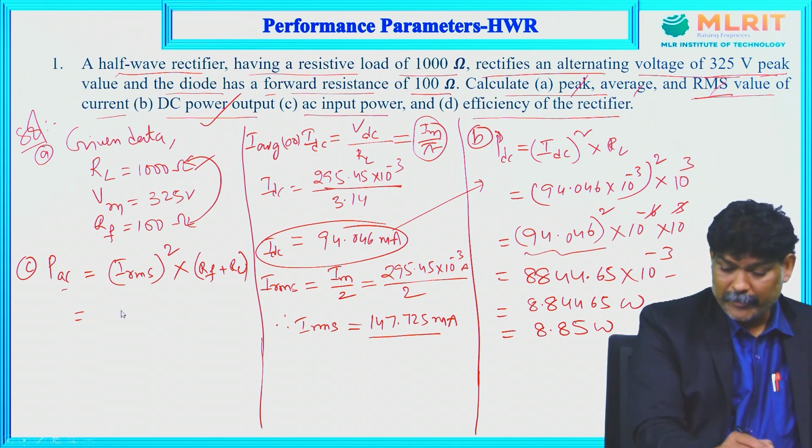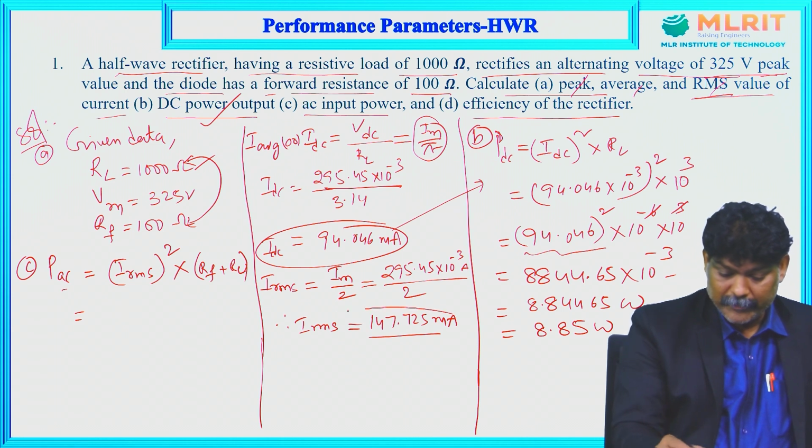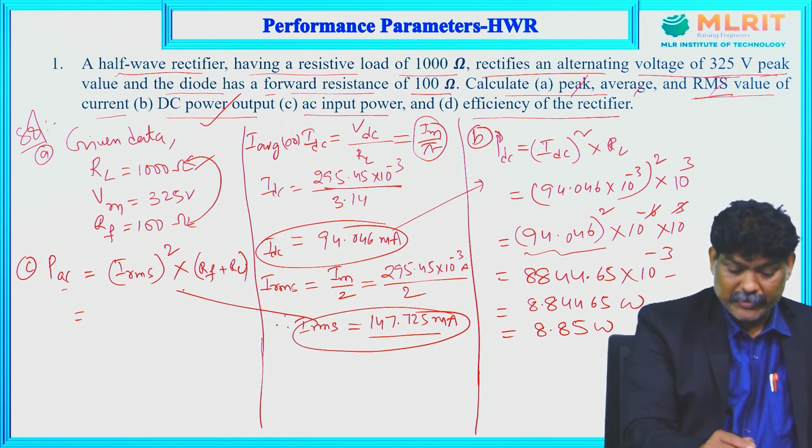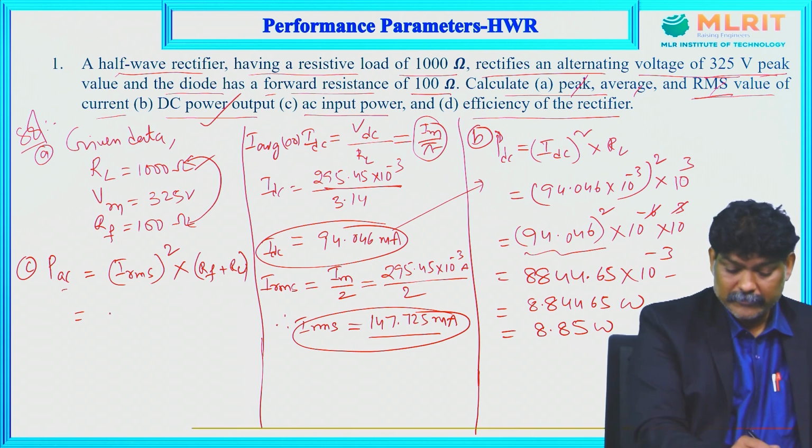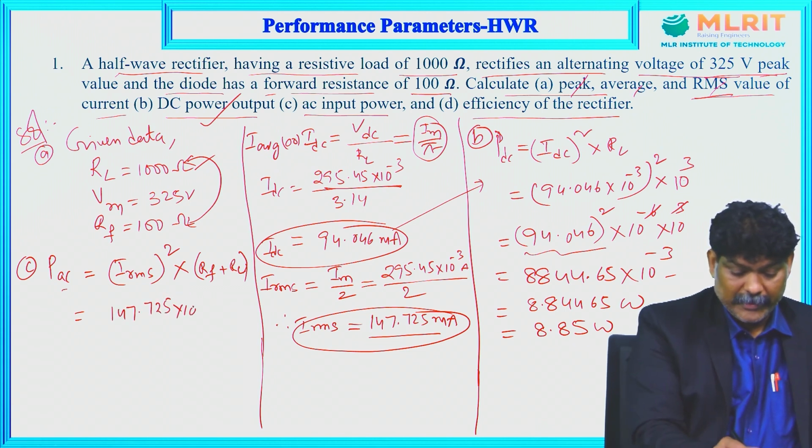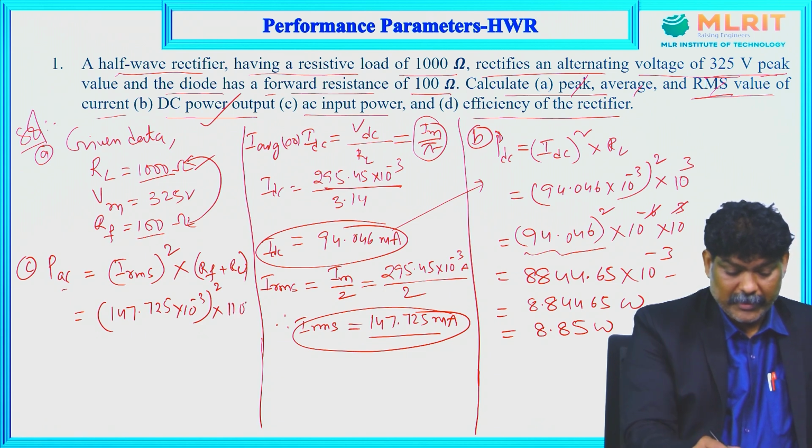Therefore IRMS value, how much we got? IRMS value is this one. So substitute this. So what is IRMS value? 147.725 into 10 power minus 3, whole square, into RF plus RL. So this is 100 plus 1000, so 1100.